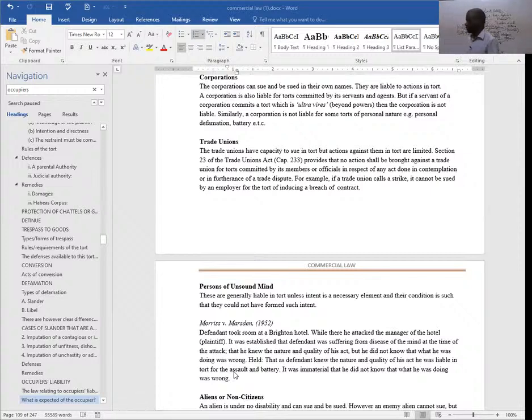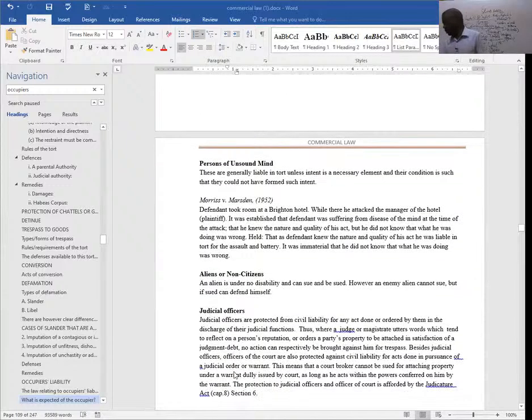It was held that since the defendant knew the nature and quality of his act, he was liable in tort for the assault and battery. It was immaterial that he did not know that what he was doing was wrong.